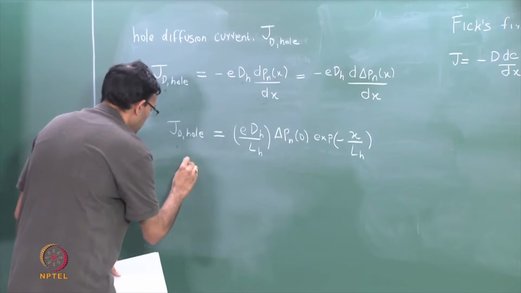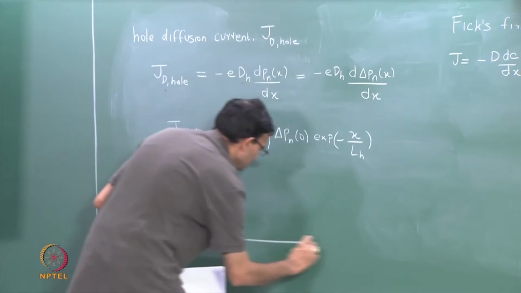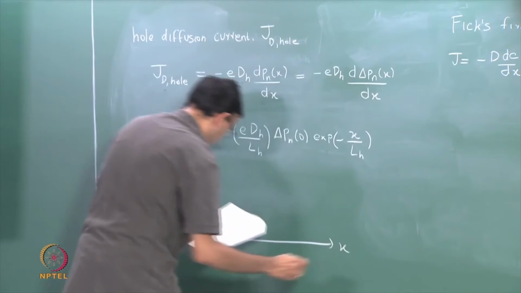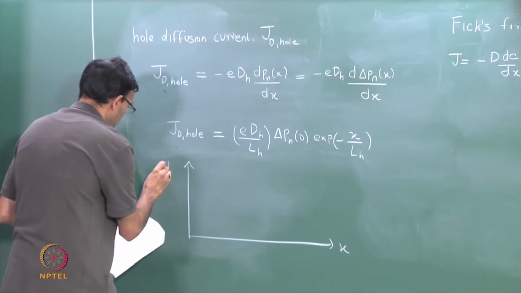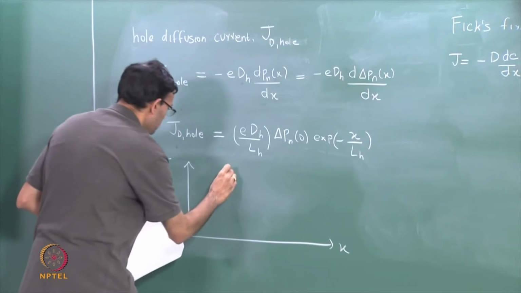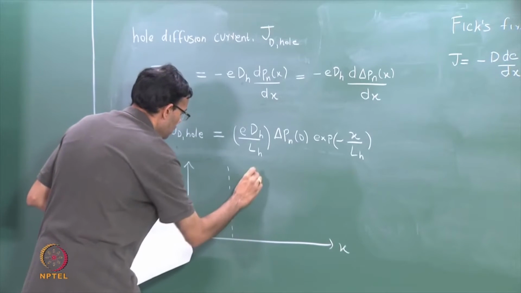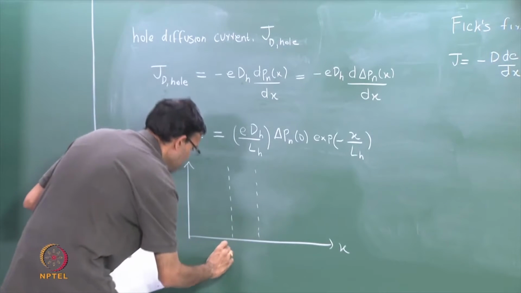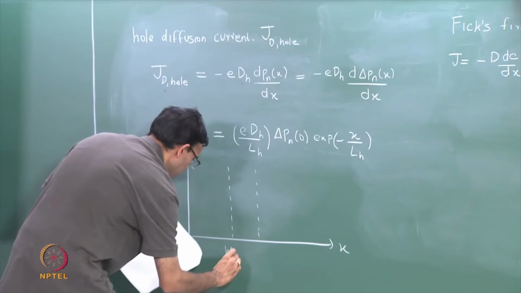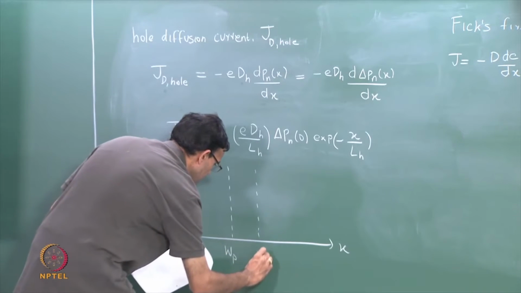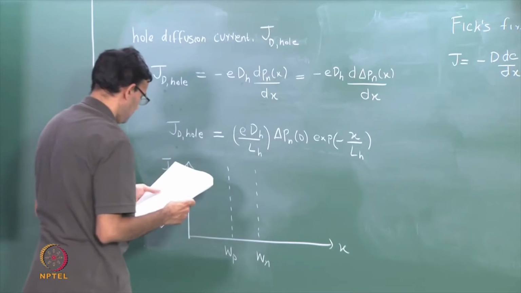So, if I were to plot that, it's my distance x, and that is the total current. Let me just mark my two depletion regions, so Wp, Wn.